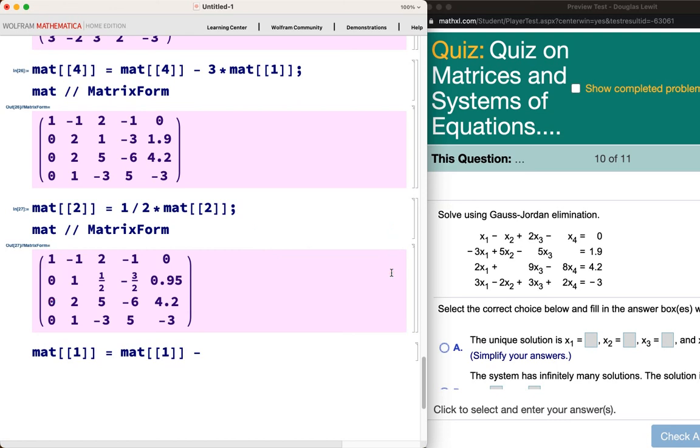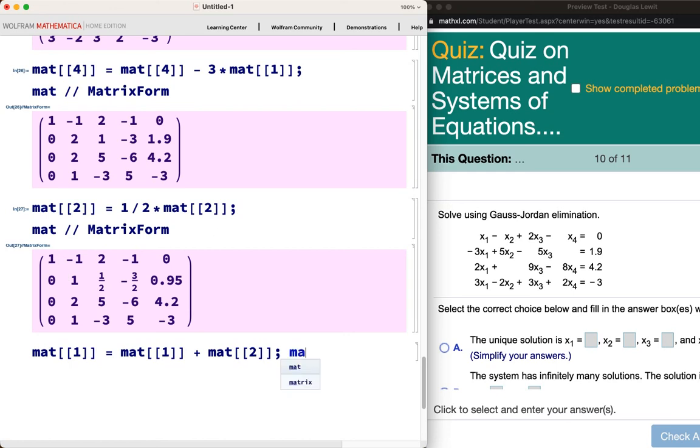All right, so let's see. So the first row minus the second row, oh, actually plus. It's going to be plus. Why is it plus? Because negative 1 plus 1 is equal to 0. And then of course 1 plus 0 is 1, so that doesn't change anyway.